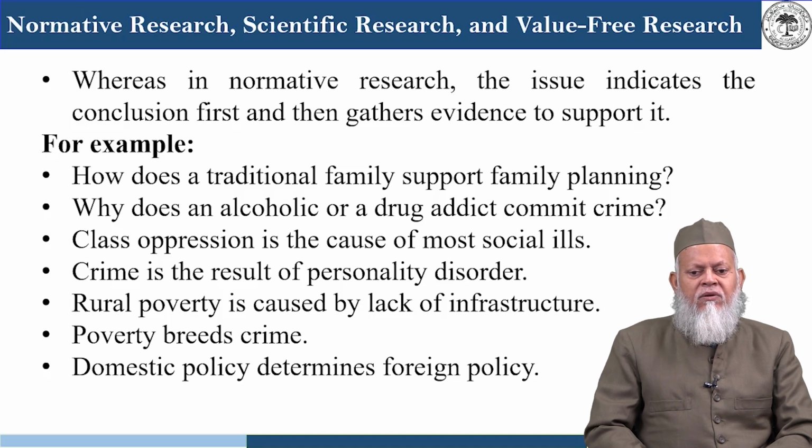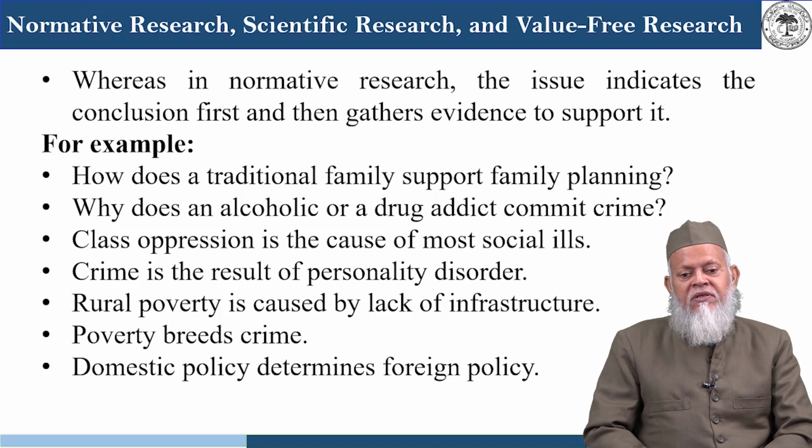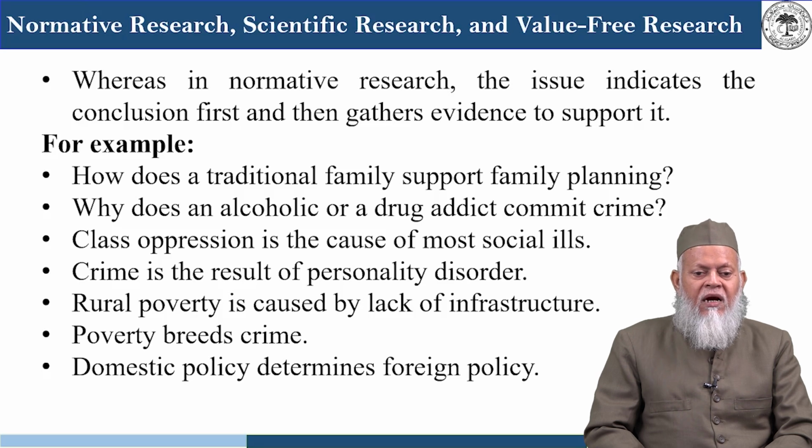Class oppression is the cause of most social ills. So, we can see this example here. It is already implicit in the topic that it is class oppression which is the cause, or that most social ills are due to class oppression.